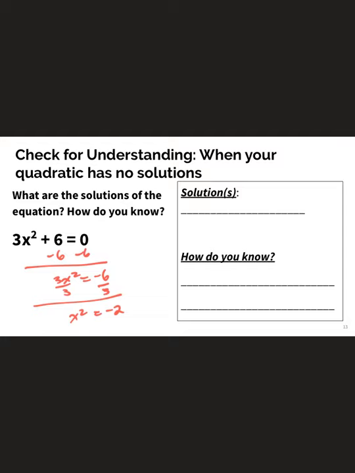Now, I have to take the square root on both sides to get rid of the squaring. So this would turn into x equals plus or minus square root of negative 2. Now I see that I'm taking the square root of a negative number, and so I would have no real solutions.